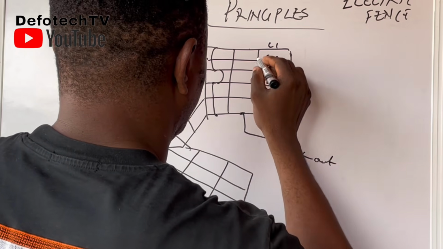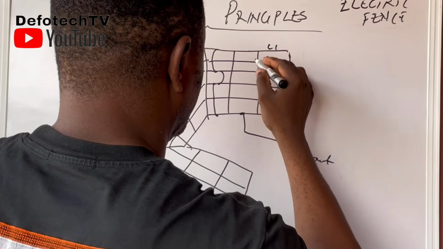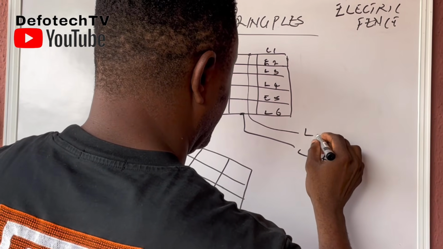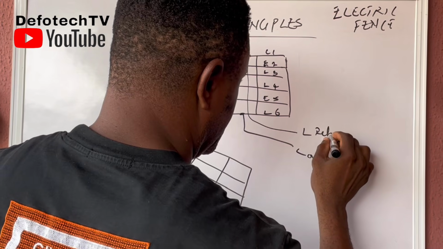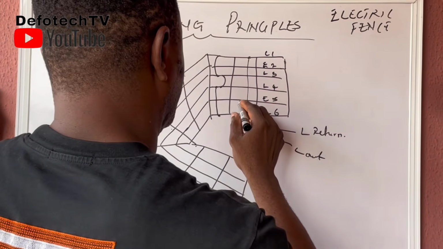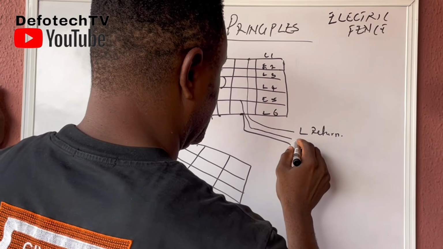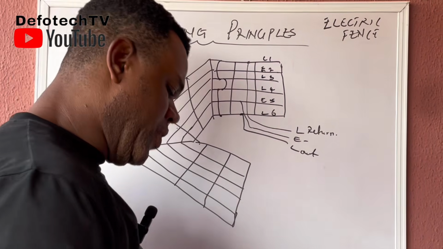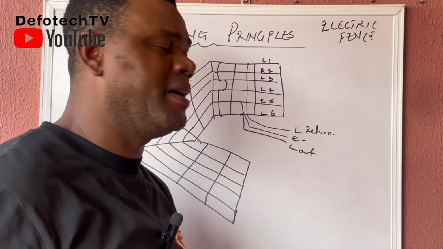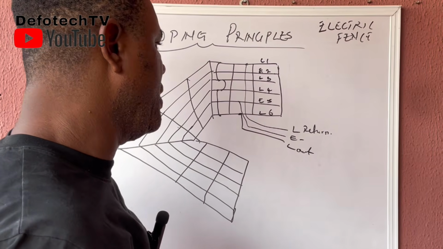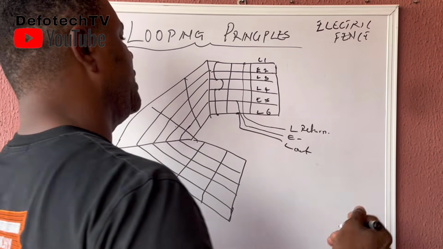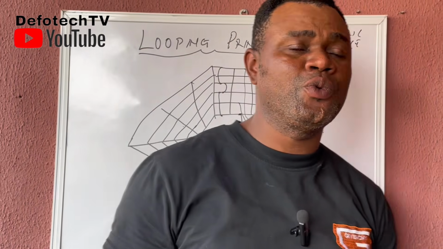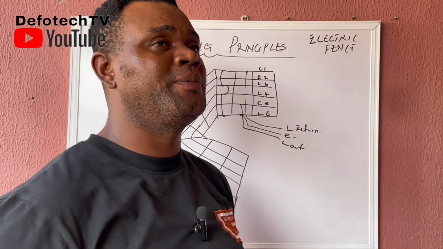Then he also tapped this as live return, and also the earth to the energizer. When I saw the video, I was like, this is actually wrong. You know why I said so? It means you truly don't understand what this looping is all about.